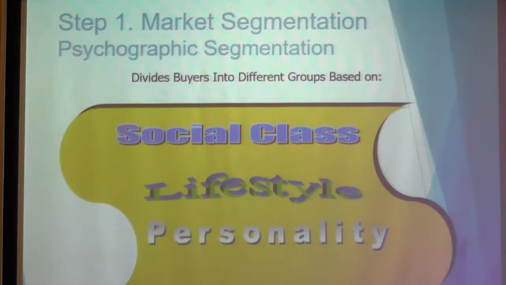It's for adults, because there is a small element of alcohol in the product. Not a lot, you won't go flat drinking it, but that's why you don't see kids in these advertisements. So, there you go. Social class, lifestyle, personality.